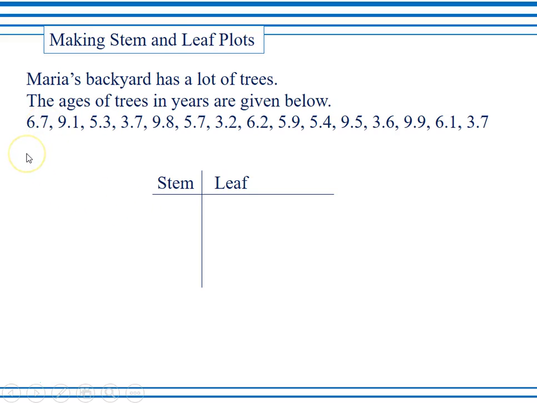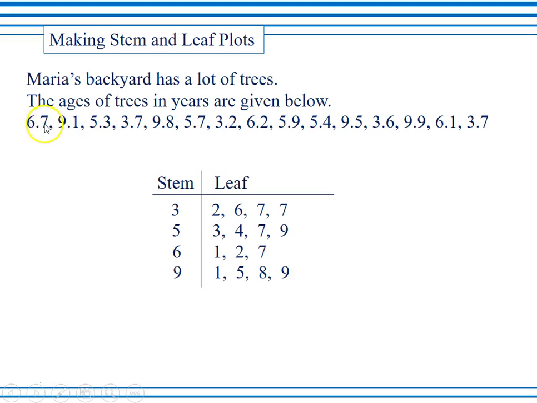So first we need to organize the data from least to greatest, and then we need to put it in our stem and leaf plot. Okay, so we would have 3 and 2/10, 3 and 6/10, 3 and 7/10, 3 and 7/10. Then we would have 5 and 3/10, 5 and 4/10, and so on.